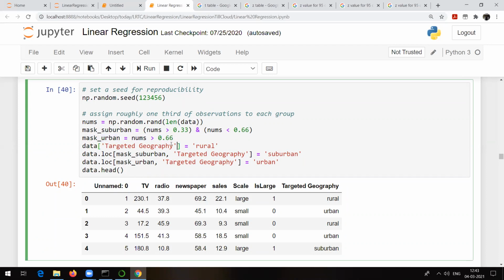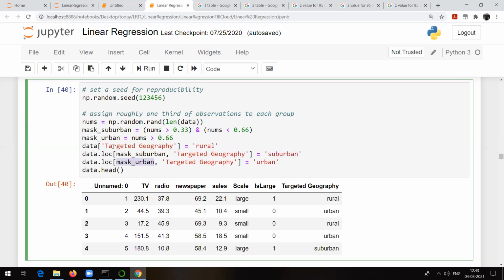And I am trying to add a new column called targeted geography. To this targeted geography, I am assigning rural. That means every value is going to be rural initially. But what am I doing? Again, this is indexing, and assignments come into the picture here. So data.loc[mask_sub1, targeted geography] is equal to sub1. If this condition is satisfied for this value, instead of rural, assign the value of sub1.